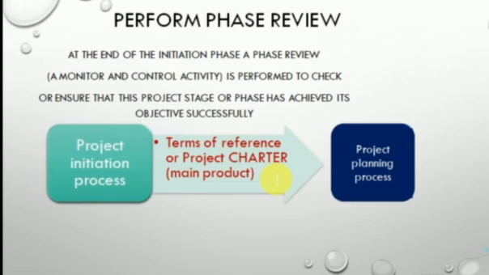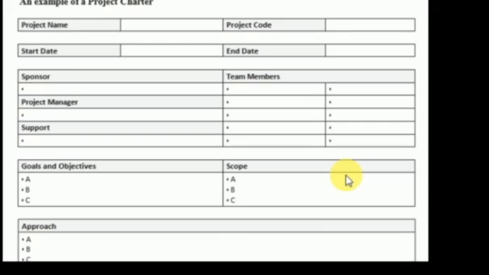And if your sponsor is in agreement with everything that is in the business case, then the next thing for you to do is to sign the charter, which is a document between you and your project sponsor.